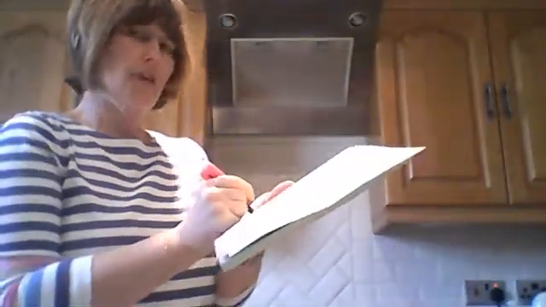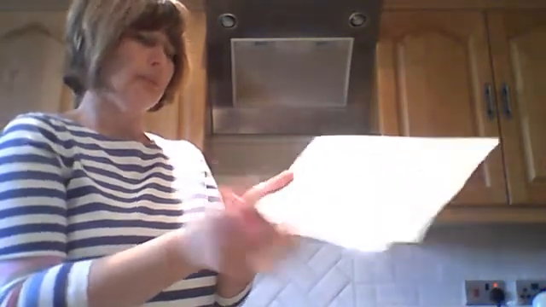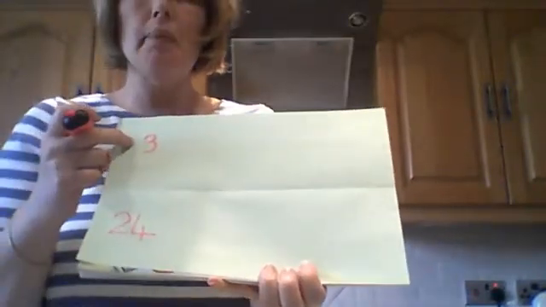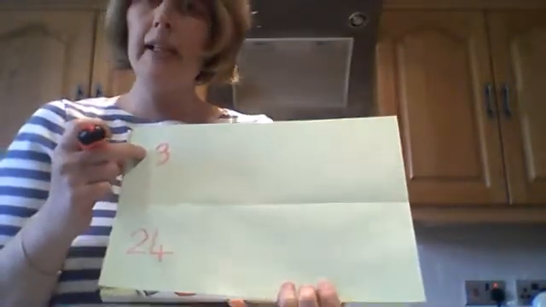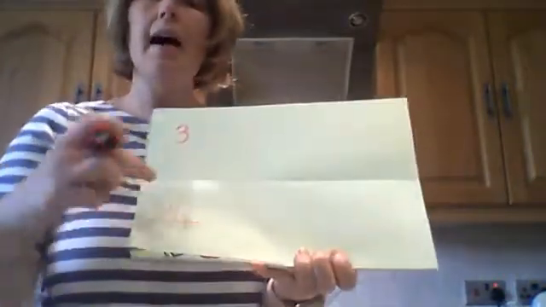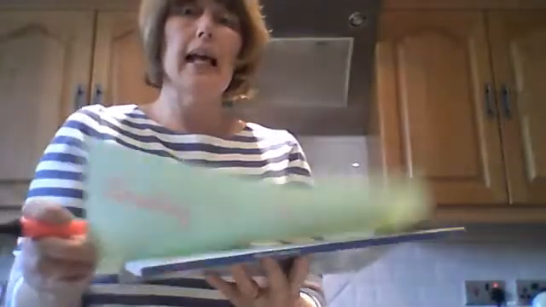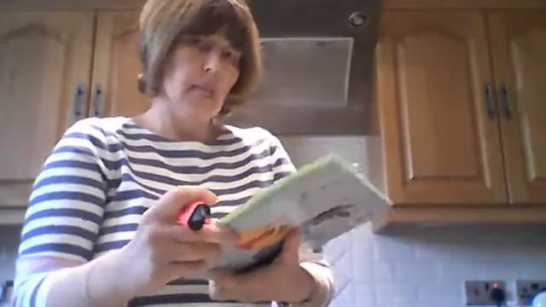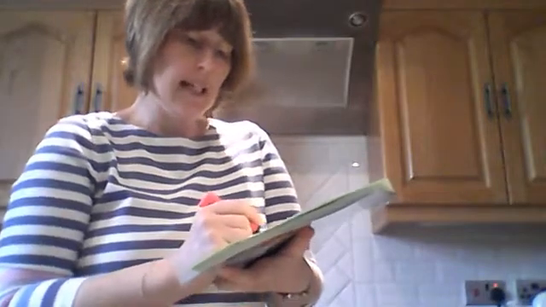Okay, now then, I've got this number at the bottom of my screen. I've got a 1-digit number where I would write 3, but this one I'd write 24. Let me show you. 20.